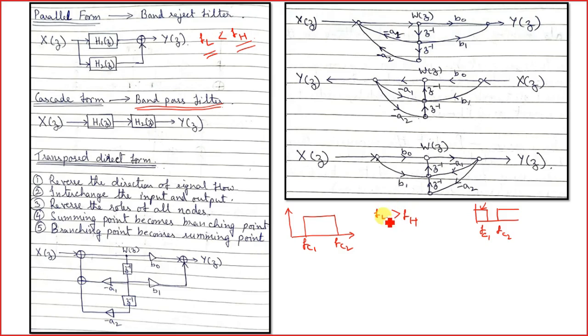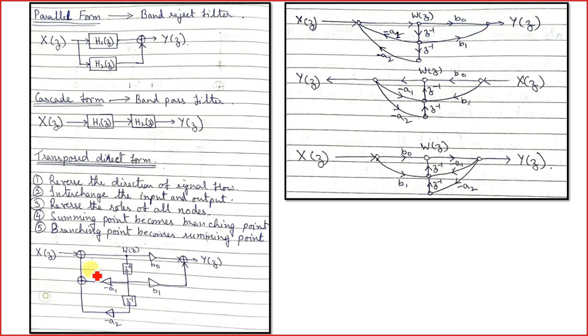In the band pass filter, you have to remember, when you are designing the filter, the low pass cutoff frequency should be higher than the high pass cutoff frequency. Okay, this should be clear in your mind. Once this is clear, you give X(z) and pass it through the low pass filter component.